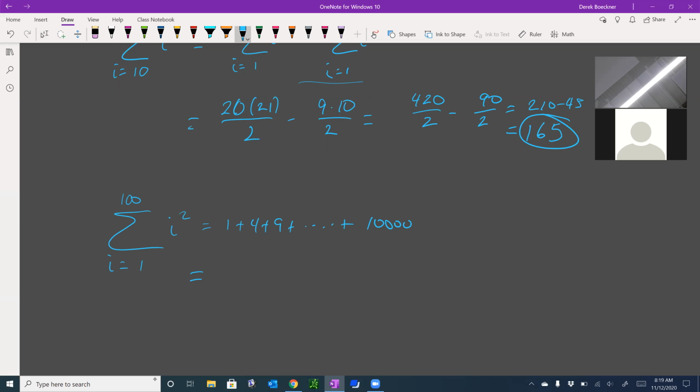Well, the i squared summation is n times n plus 1 times 2n plus 1 over 6. And that's a big number that I don't know how to multiply in my head very easily, so we're going to leave it at that.